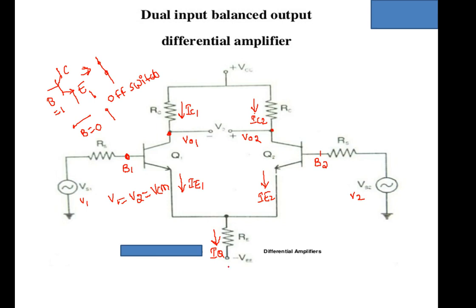Whenever these transistors are identical, I am writing in the next slide. So here the current is IQ. So IQ equal to IE1 plus IE2.